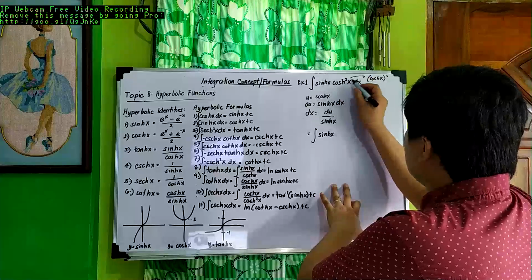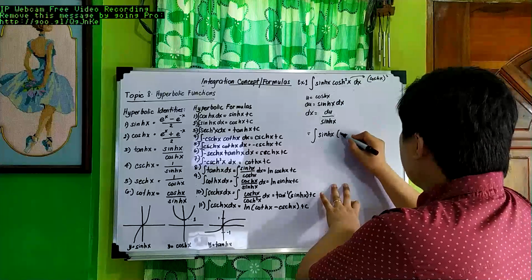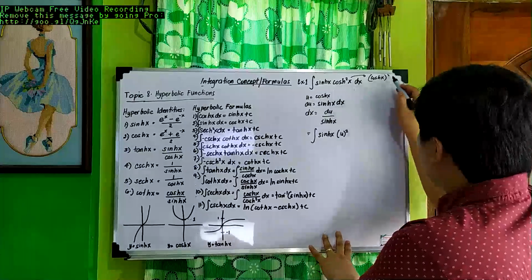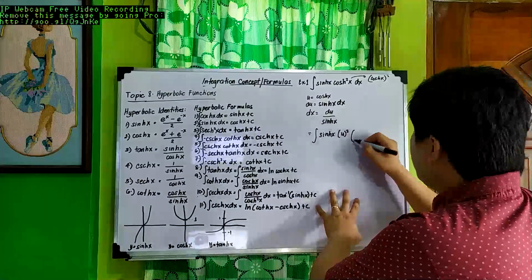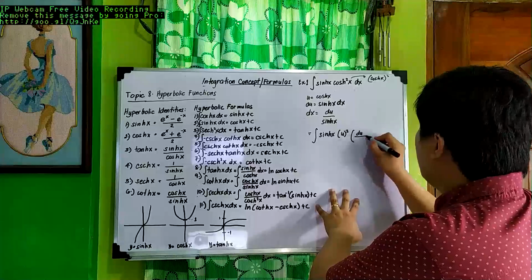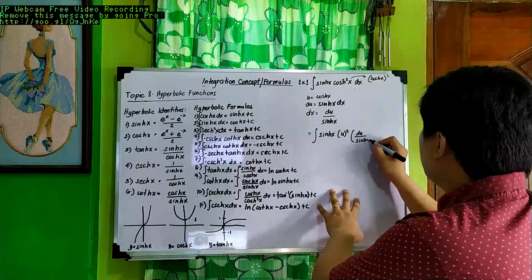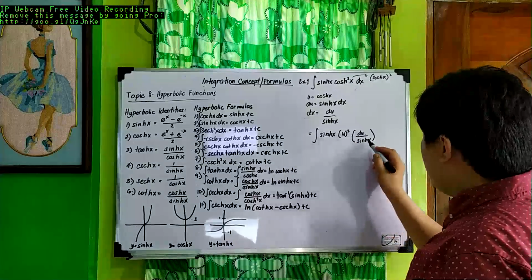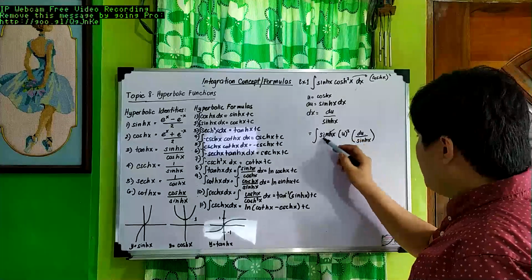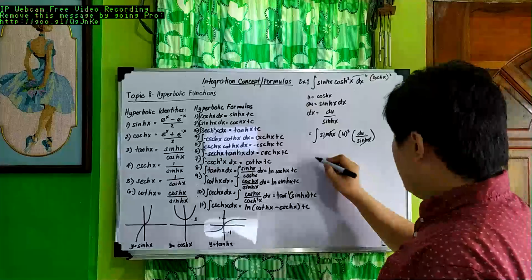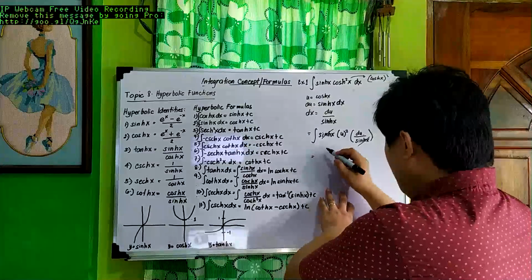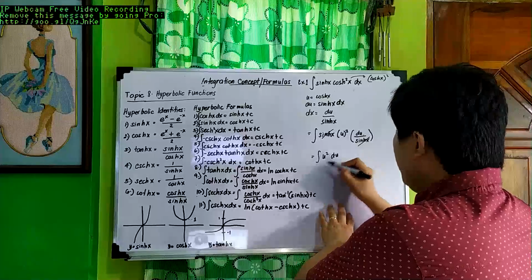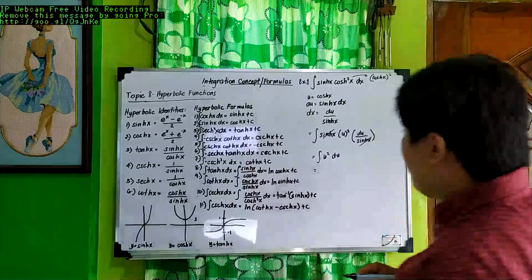Cosine, this one you have multiplied by u squared, because your u is cosine hyperbolic, then you have squared, and your dx is du over sine hyperbolic x. Then here, when you multiply it, this one is the denominator, this is the numerator, so therefore we can cancel that one. What remains is your u squared du.